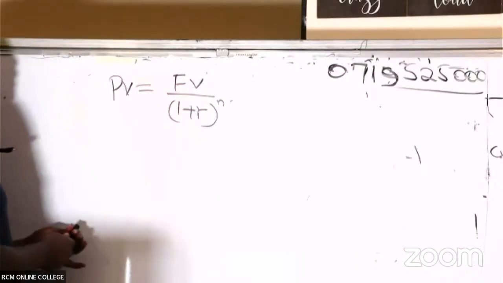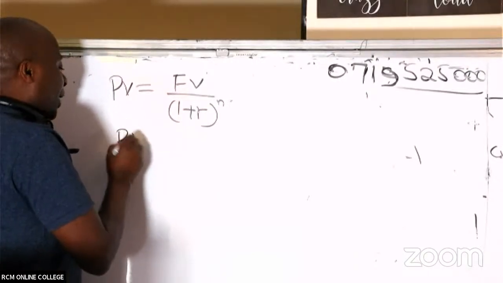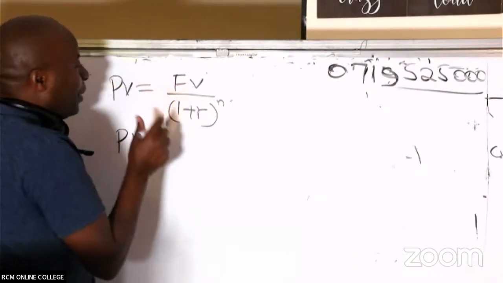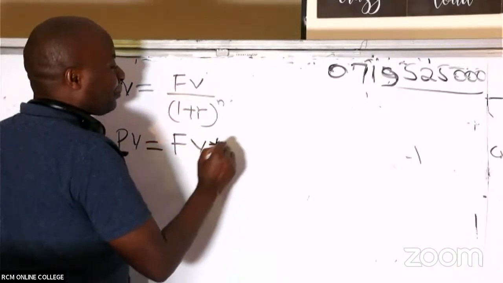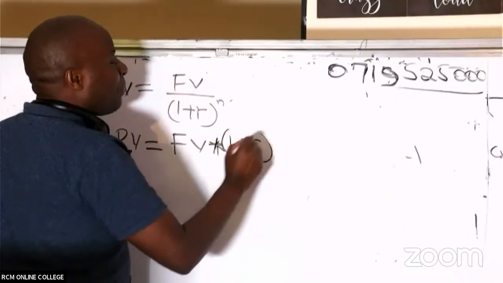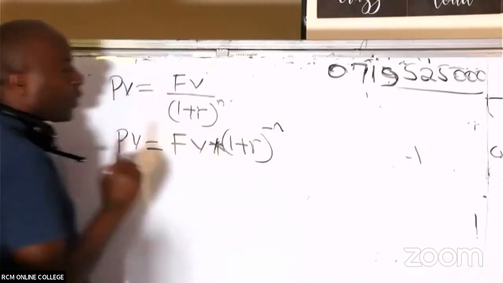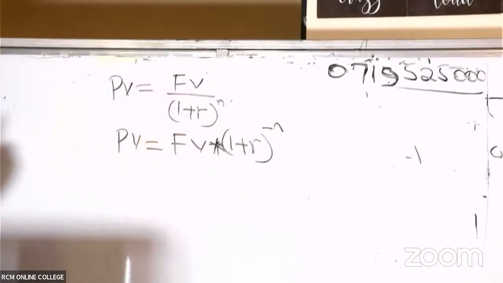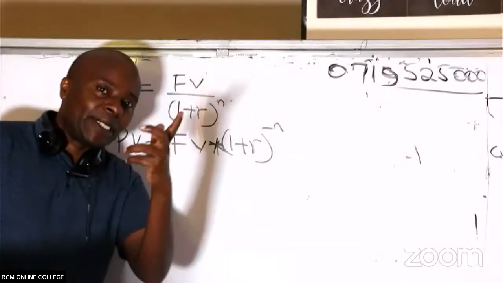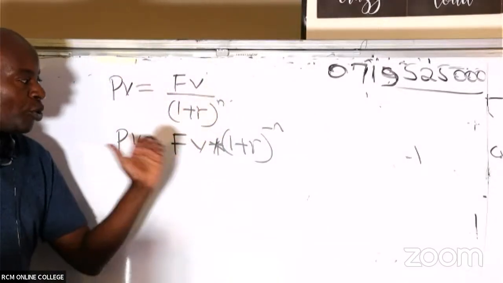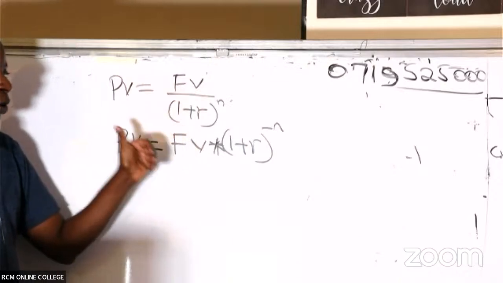By simply saying here that my present value will be equal to future value times 1 plus r, but this time around I can't say raised to n. I will say raised to negative n, because really there is a denominator, numerator interchange. So I have to introduce what we call bar 1.